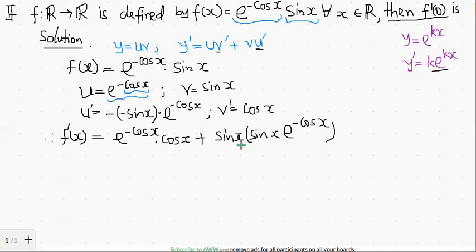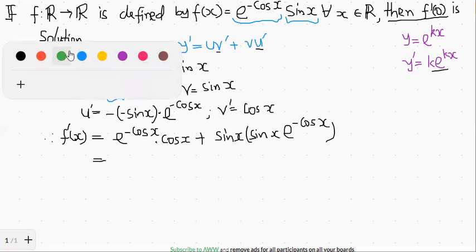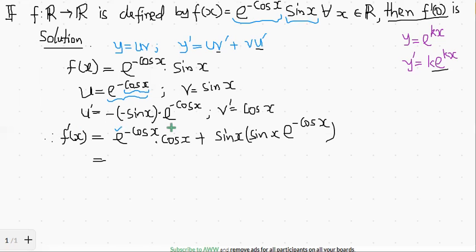Okay, so let's simplify this further before we do the substitution. By inspection you see that e to the power of negative cos x is common to both terms of the expression.